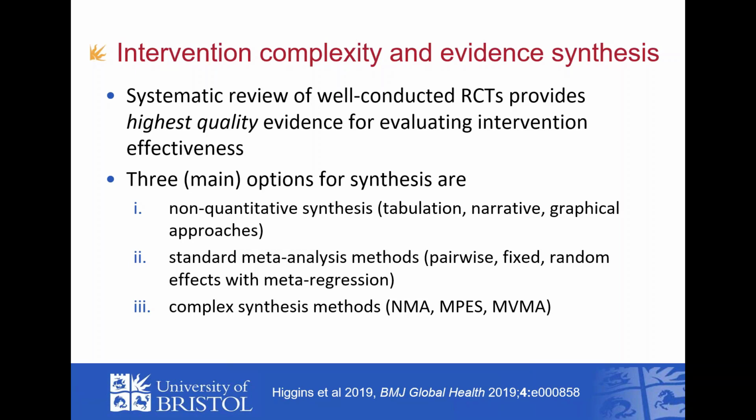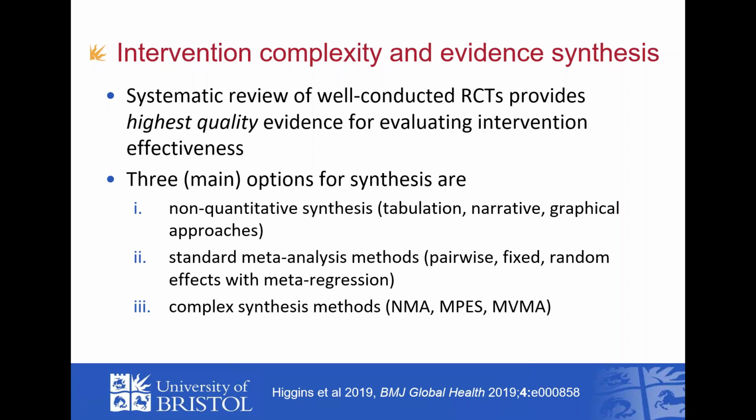So firstly, they summarised that we could look at non-statistical approaches to summarising that evidence, such as harvest plots, bubble plots, and albatross plots. Then, of course, we have the option of using standard meta-analysis methods, which might also include meta-regression approaches.